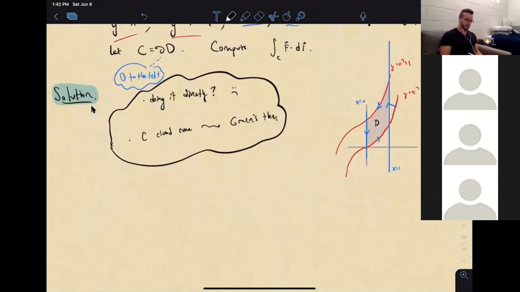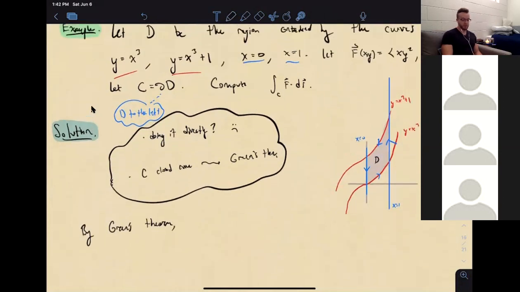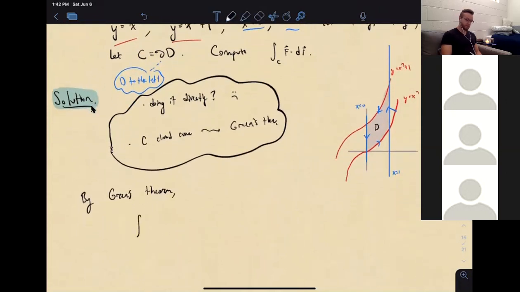Okay, so by Green's theorem, there's not a whole lot to say here beforehand, because by definition, the curve that we care about is the boundary of D. So maybe let me write it this way. The integral of f over C is the integral over the boundary of D. That's what C is defined to be.